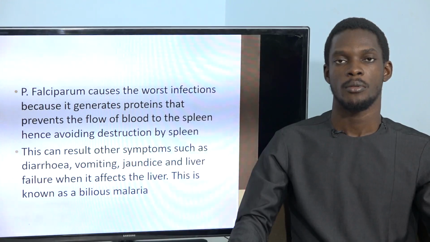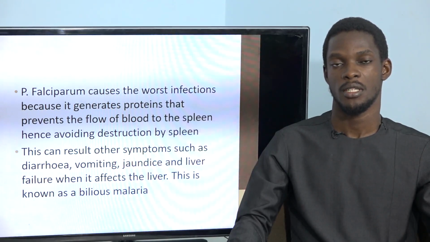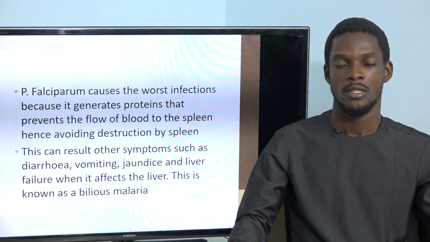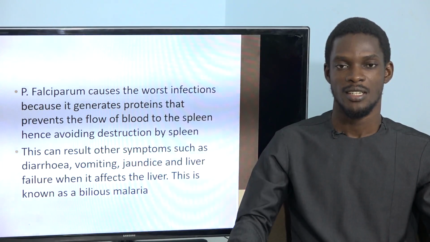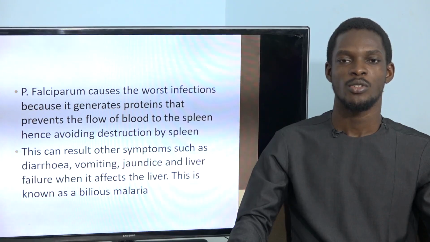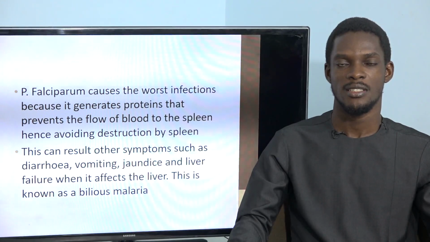P. falciparum obviously causes the worst infections because it occurs invariably. But anyway, that's not the main reason why it causes the worst infections. It causes the worst infections because it generates proteins that prevent flow of blood to the spleen, hence avoiding destruction by the spleen.